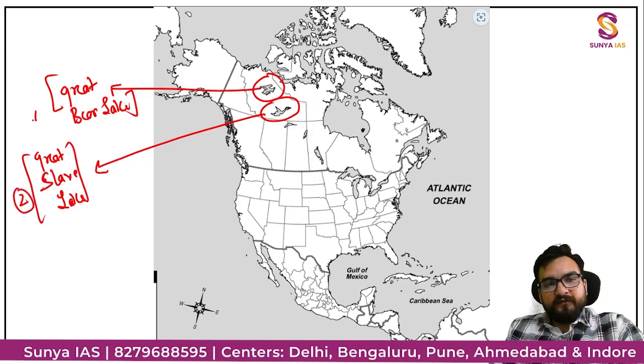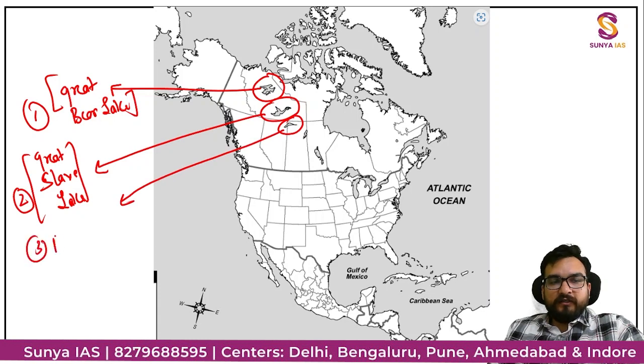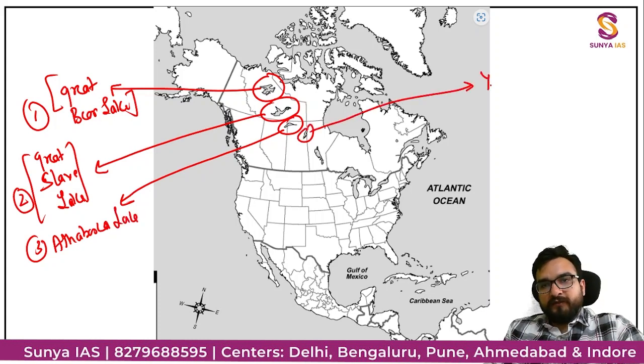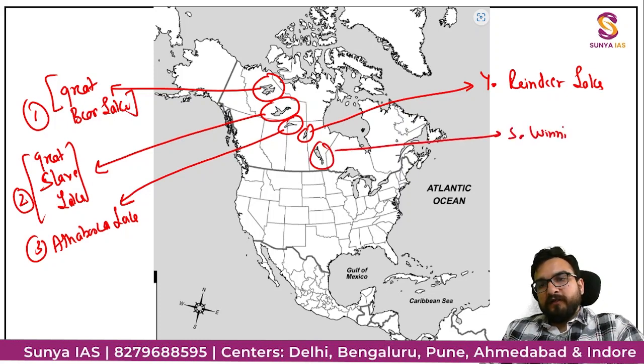First, second. This third one is Athabasca Lake. Just check the spelling once in Google or in the atlas, Athabasca Lake. This fourth one over here, Reindeer Lake, guys. And then this fifth one is Winnipeg Lake.